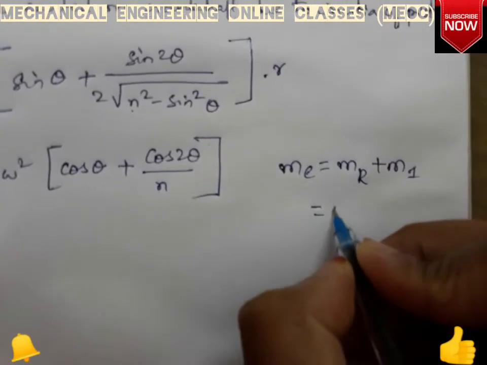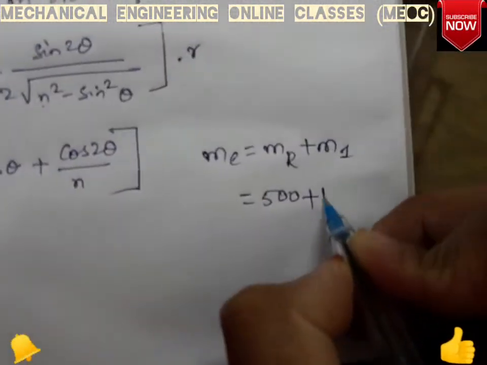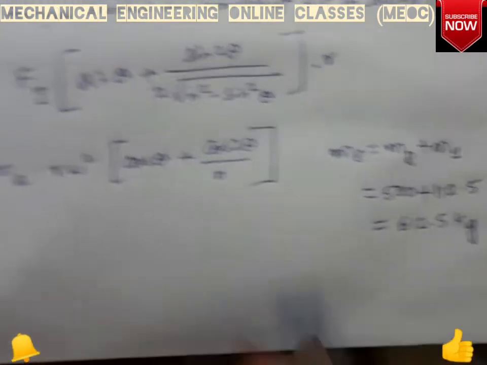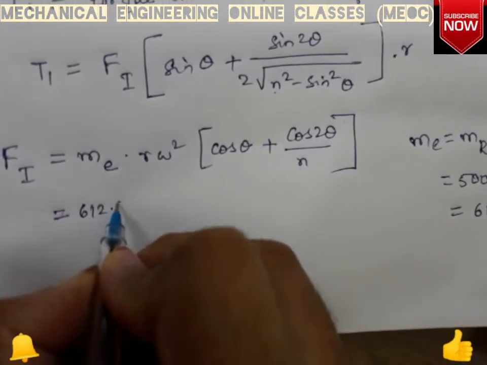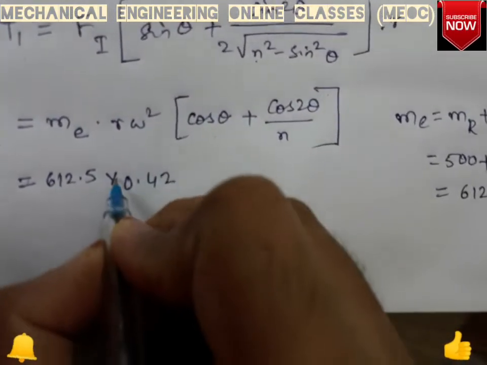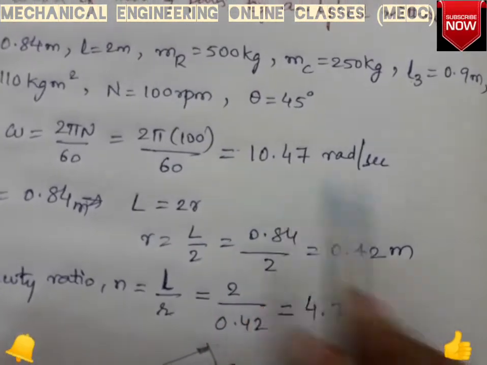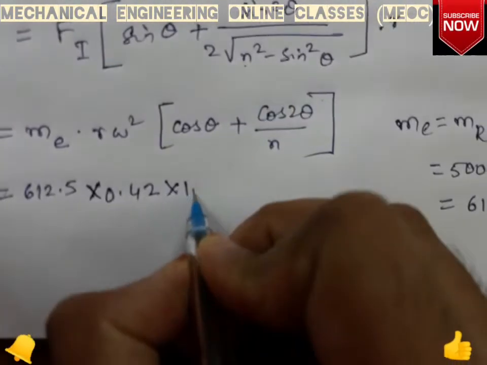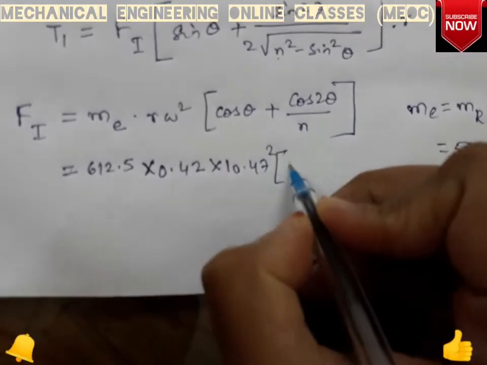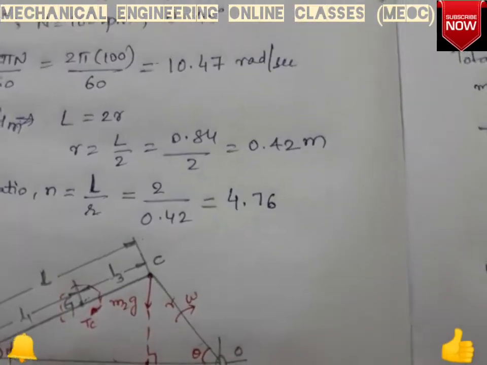Me is equal to mr, which is given as 500, plus m1, which is 112.5. So this will be 612.5 kg. So Fi is 612.5 into r, obtained as 0.42, into omega, which is 10.47, squared, into cos 45 plus cos 90 by n, which is 4.76.